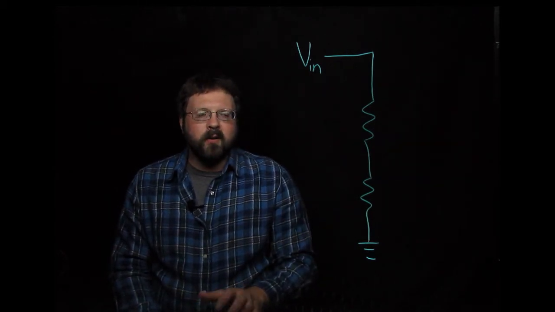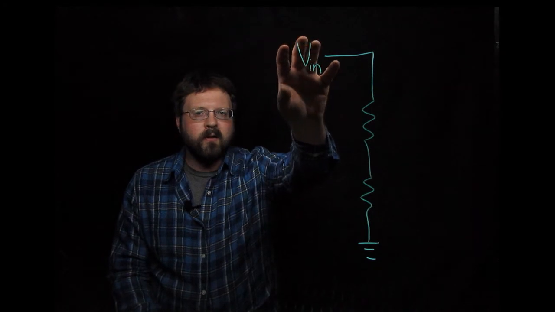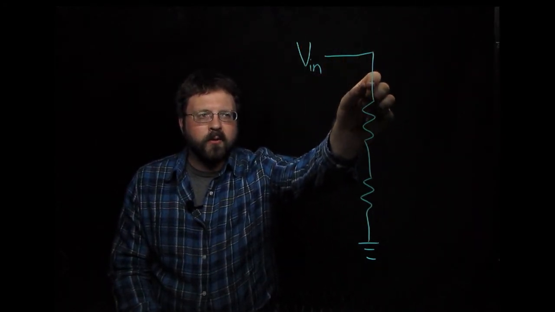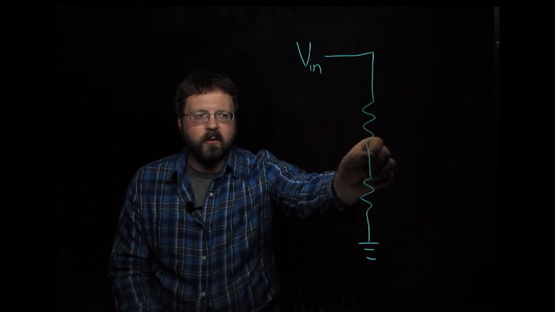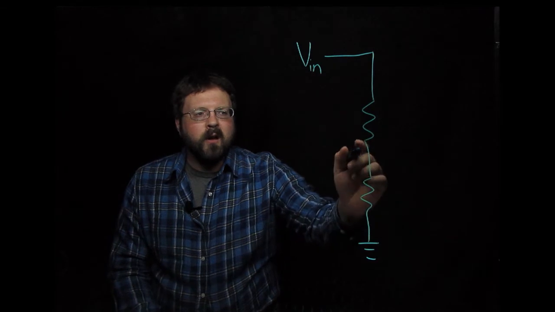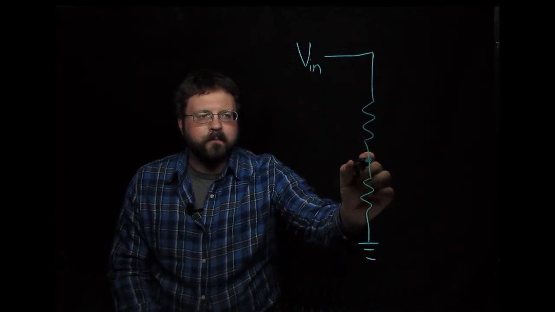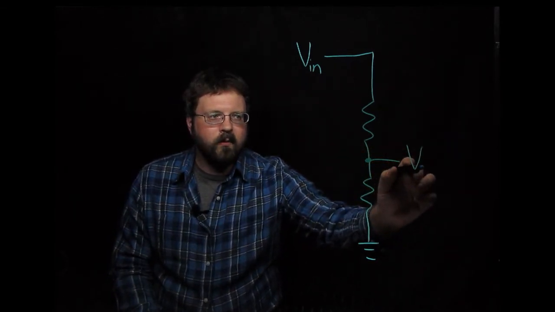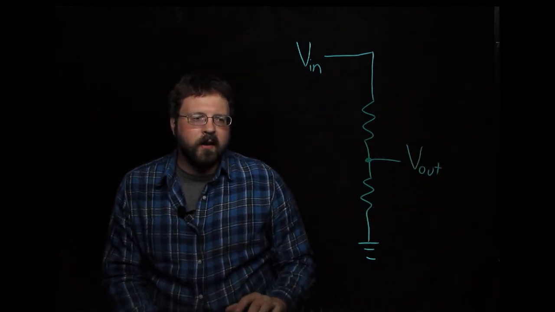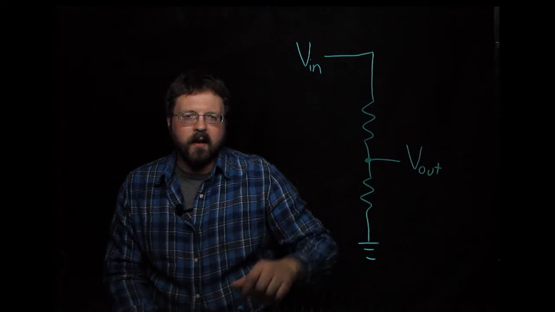If we think about this, as we go from our voltage that we want to divide, we go through this first resistor, our voltage drops as we flow through this resistor, and then it drops again all the way down to ground. This point here we'll call Vout. This is going to be in between Vin and ground.